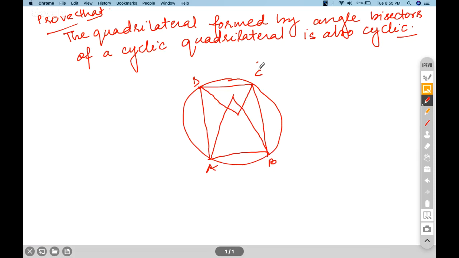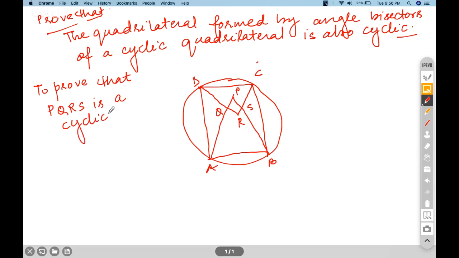So suppose this is P Q R S. I have to prove that PQRS is a cyclic quadrilateral. Now how to proceed?